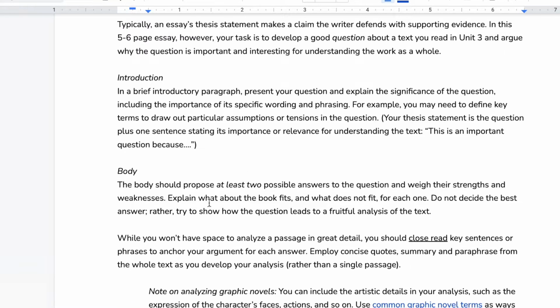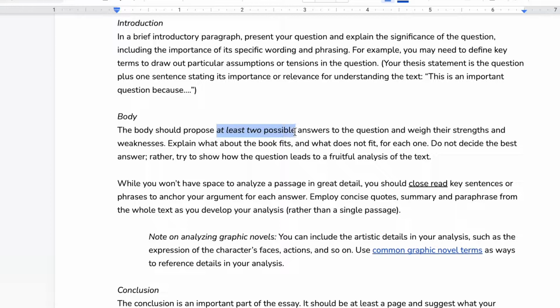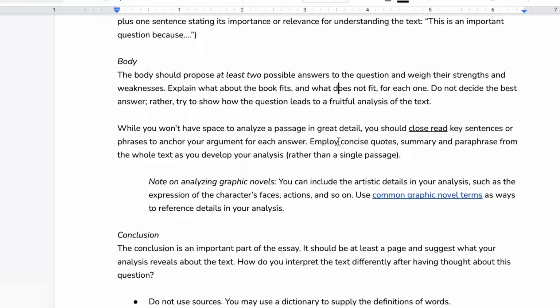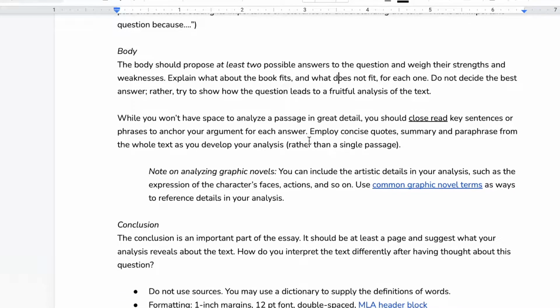A good question needs at least two possible answers that are at least plausible as interpretations of the story, and they kind of fit partially. And ultimately, considering multiple aspects of the question helps us to penetrate the surface level of the novel and get to the more depth level of analysis.